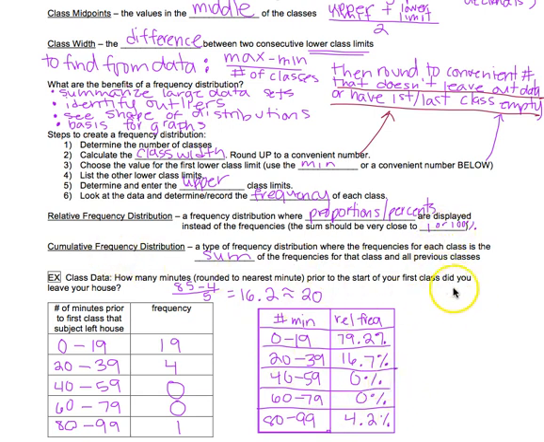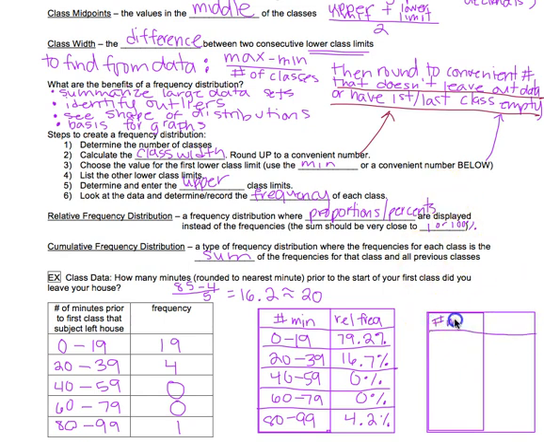A cumulative would be if, for instance, instead of just having those same classes, now you can still label them the same way, but usually on a cumulative, for the number of minutes, it will change, and it will either say like up to 19, or it might still say 0 to 19, but then the next one, instead of saying 20 to 39, it usually will say 0 to 39 because it's cumulative.